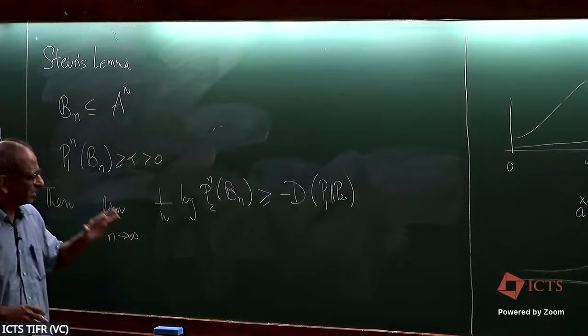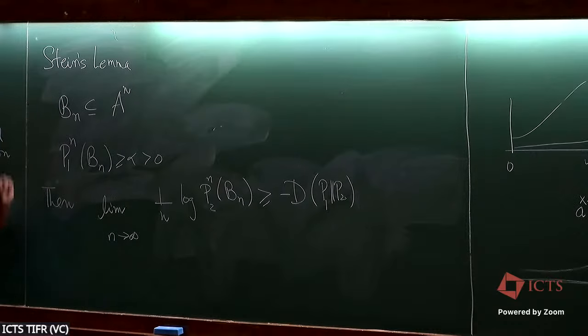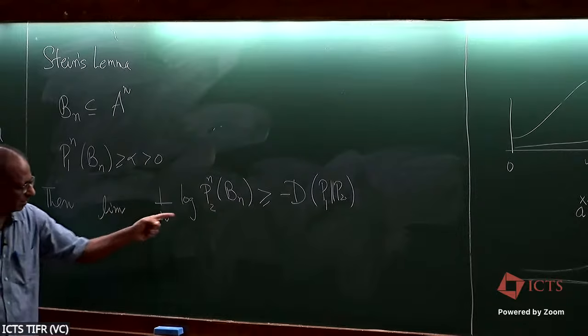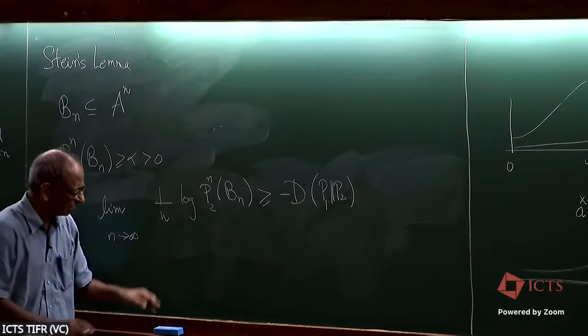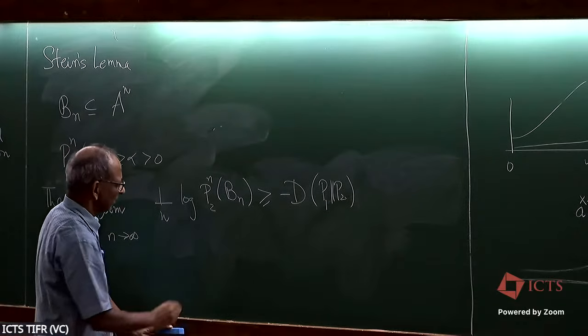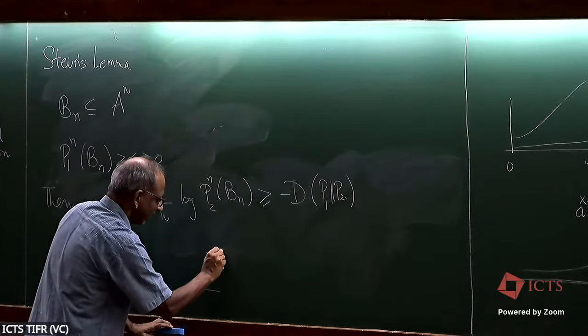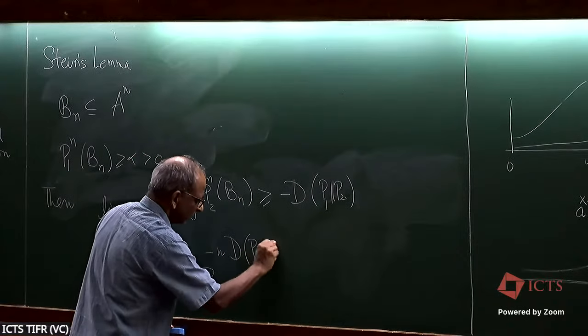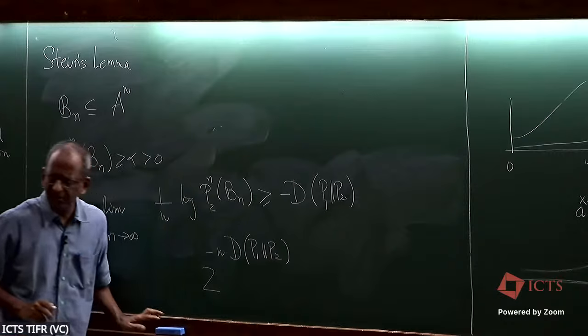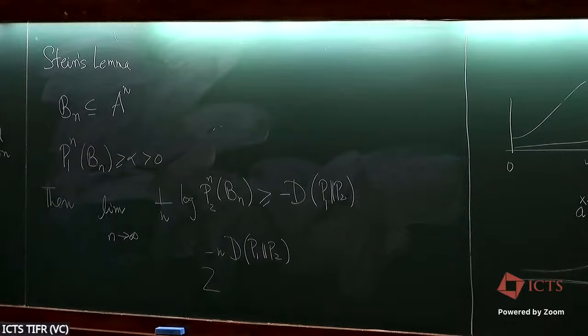But what does this Stein's lemma say? It tells you the efficiency with which the probability is going to go down. It is again written in this way. You should read it as 2 to the power minus n times D. So suppose they say that if you are in P1, it should be 0.9.